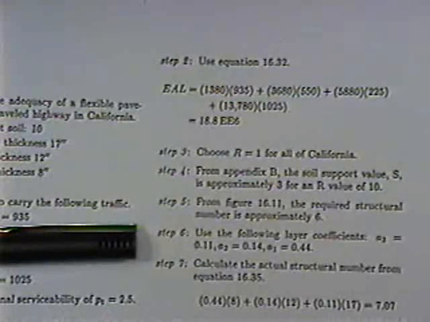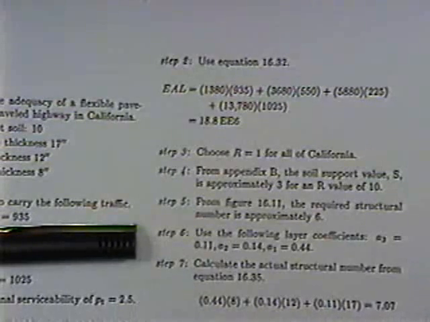And we're going to compare the 7.07 to the required structural number in step 5. And since 7.07 is greater than 6, we'd say that pavement has adequate strength.